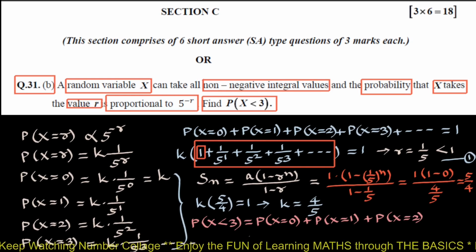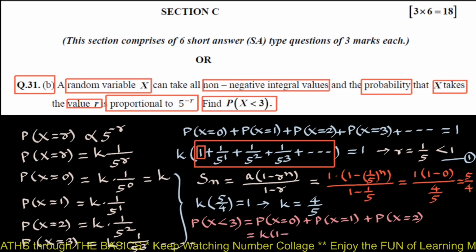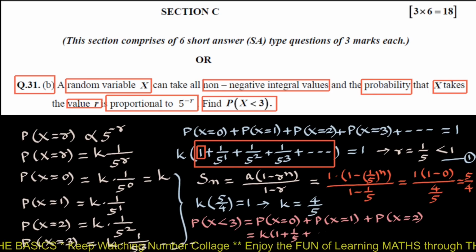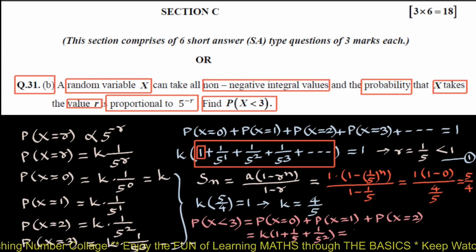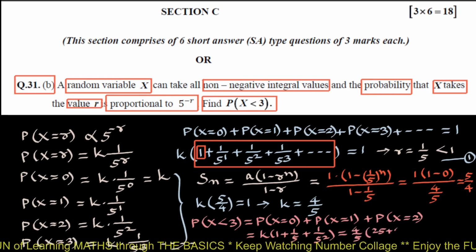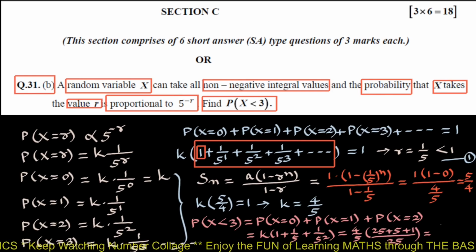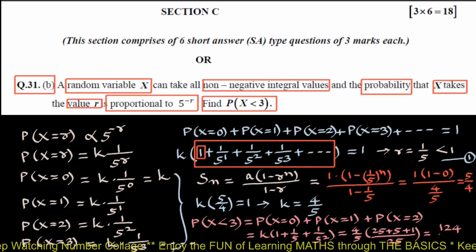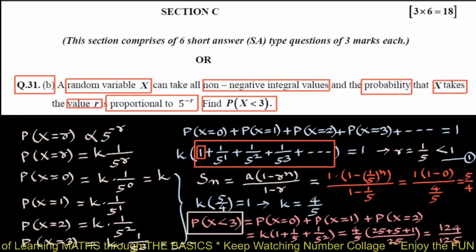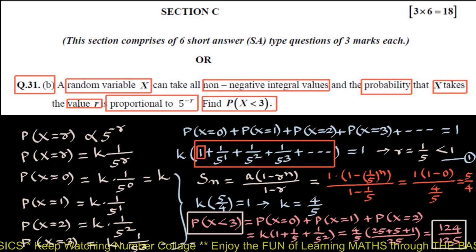From the values that we have obtained, this will be k times 1 plus 1 upon 5 plus 1 upon 5 square, which is 4 upon 5 into 25 plus 5 plus 1 upon 25, 124 upon 125. So this is the probability when random variable x is less than 3, 124 upon 125.